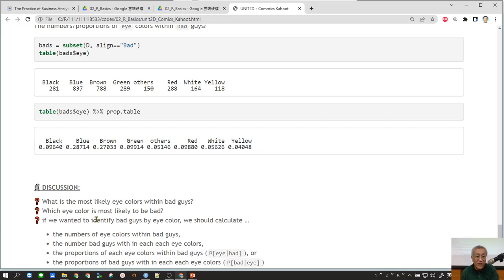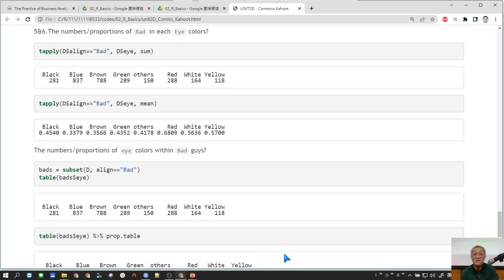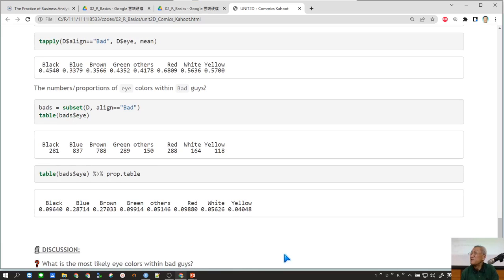Now, what eye color is most likely to be bad? Red color is most likely to be bad. How did you get the answer?